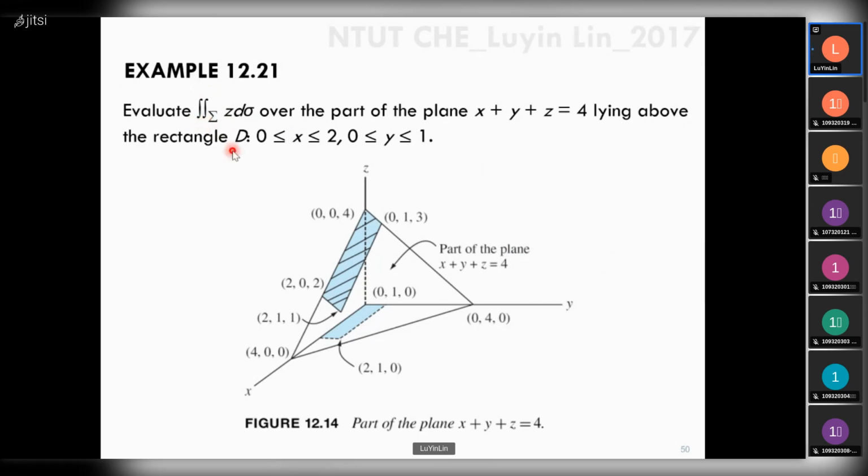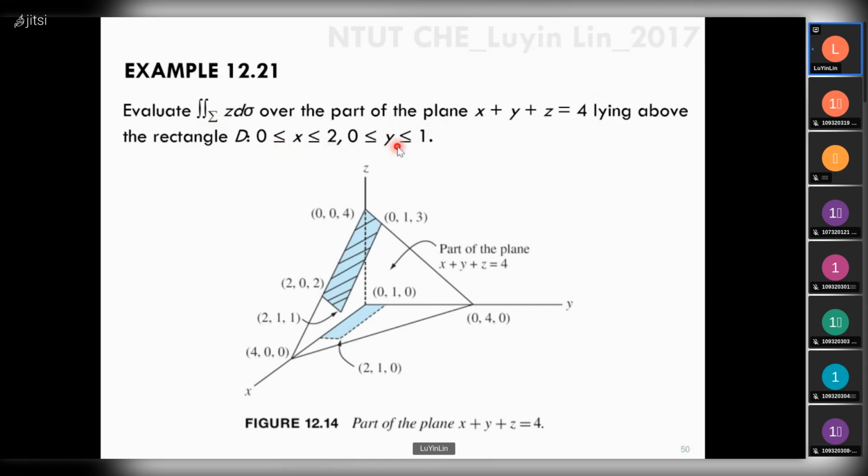But this is a surface integral, so you find a double integral for sigma. The example gives the condition for sigma: sigma is a plane, and this is the equation for sigma. Also the range for x and y.